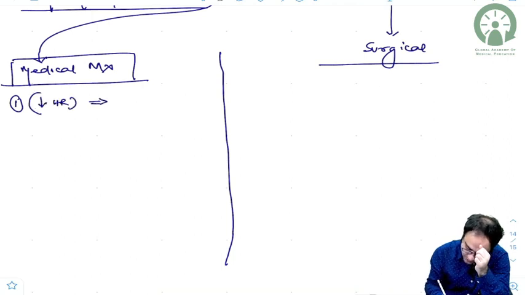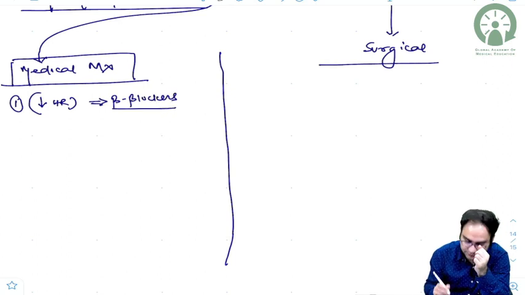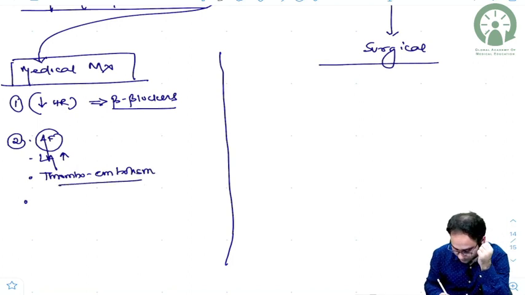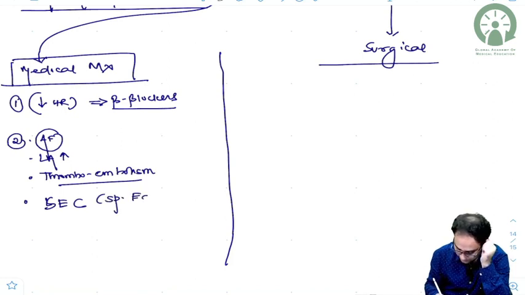You can do this by giving beta blockers. These patients usually have AF. If not AF, they have left atrial enlargement or a history of thromboembolism like stroke, or they have something known as spontaneous echo contrast.